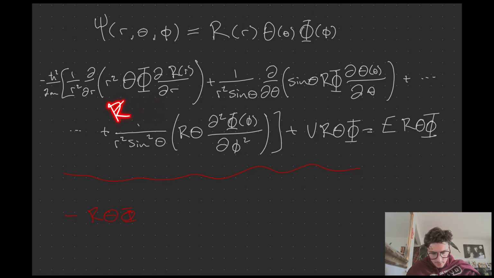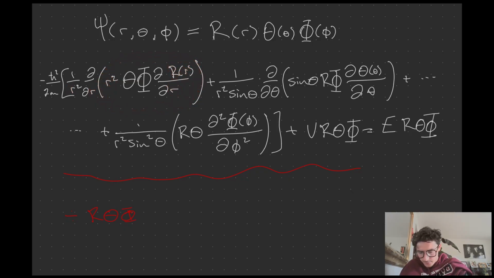If we divide both sides, so here we divide this by R, Theta, and Phi, the r here can't be canceled out because its companion R is trapped inside this partial derivative. But the Theta and the Phi are just functions which we can cancel here. So when we divide, this entire thing gets canceled into a 1 over R. So now this whole thing depends on r, right? There's an r here, r here, r here, r here, r here, r here. That's good.